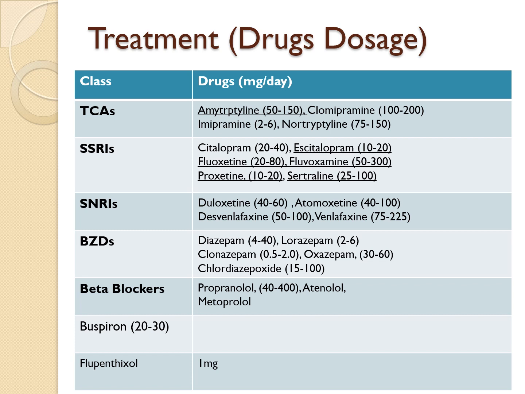The commoner benzodiazepine being used is clonazepam, and can be given in two divided doses from 0.5 to 2 milligrams per day. Beta blocker, you all know the dose of propranolol is 40 to 400. Buspirone is 20 to 30, and flupentixol is 1 milligram in divided doses two times a day.